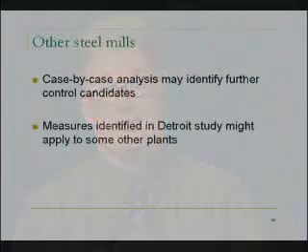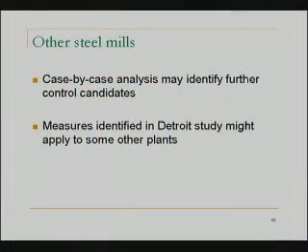So as a result of the Detroit study, it could be that other steel mills may be candidates for a case-by-case analysis to see if some of the measures that were identified in the Detroit study might also apply to those plants.